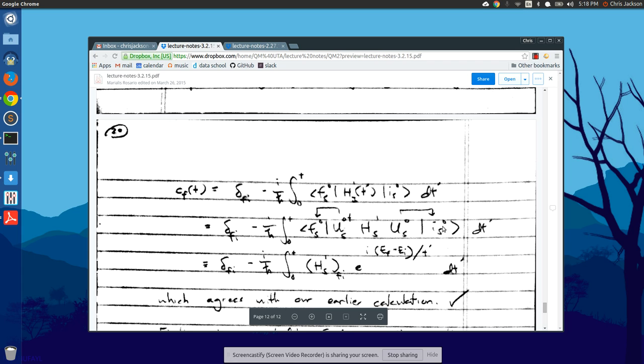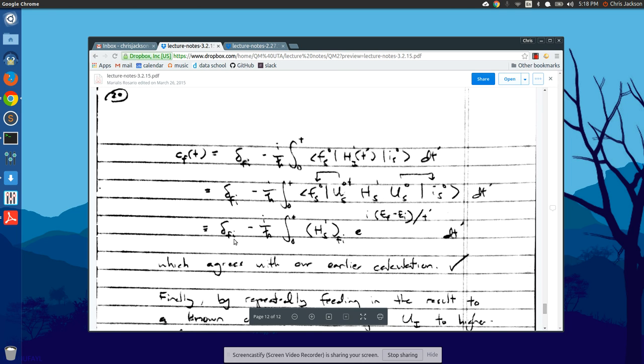When they operate on this state, they give me exponential factors, because our unperturbed Hamiltonian is independent of time, so we know what the time evolution operator looks like. What I end up with is a first order term that looks like the matrix element of our perturbation piece times this time evolution piece, and we're integrating over it, right?